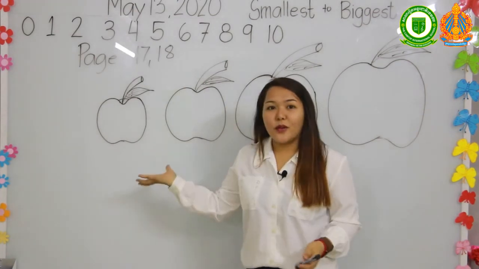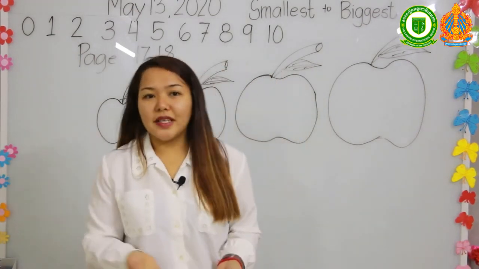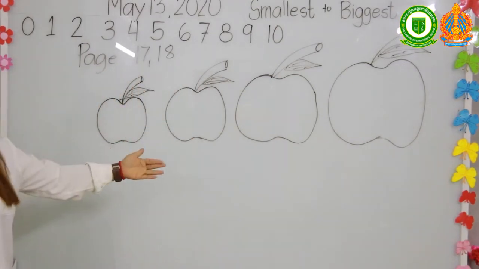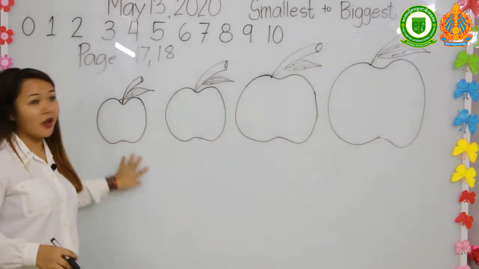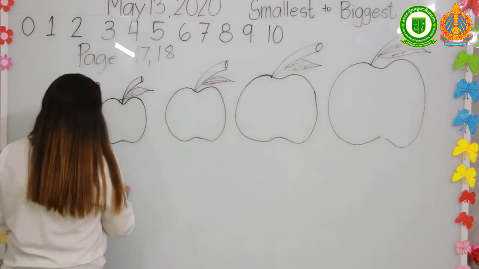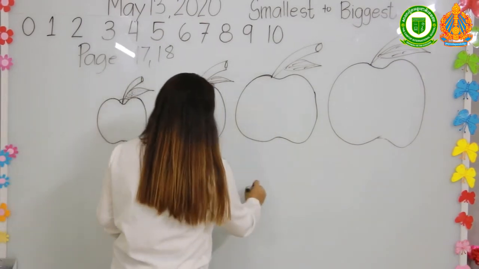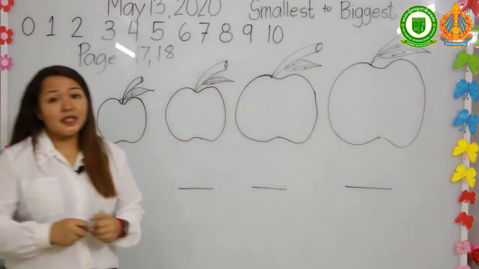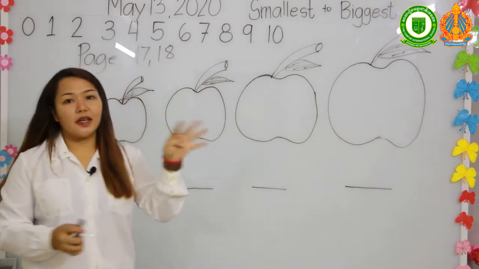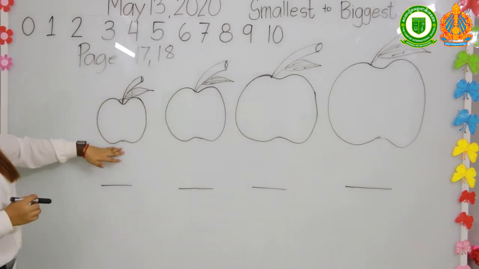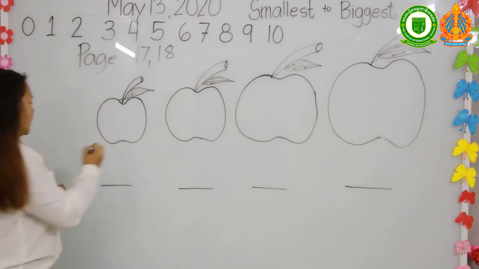I have here 4 pictures of different sizes of apples, and it's very obvious that we have your smallest to biggest. So let's write again numbers below these pictures. So since there are 4 apples, then we need 4 numbers. The smallest, first the smallest one, we have number 1.